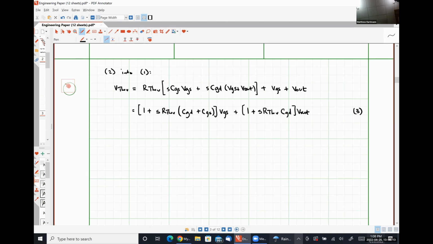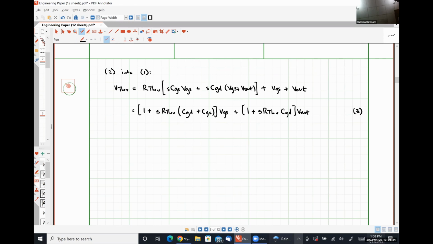Let's double check the algebra here because I know that I'm likely to make mistakes. So the 1 for VGS obviously comes from this bit right here. Then I have an S from this bit and this bit. The R Thev is being multiplied by both.